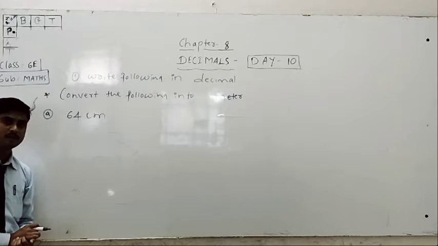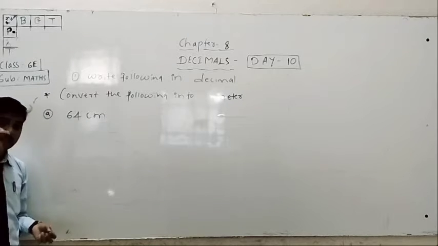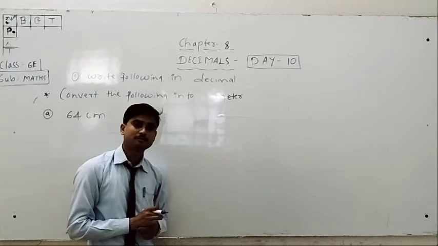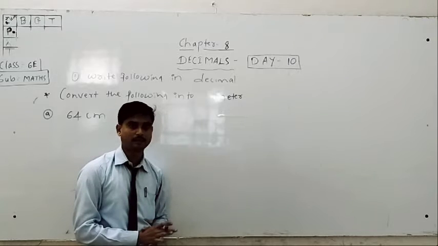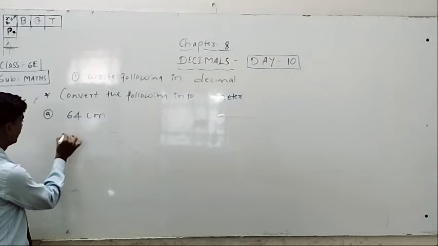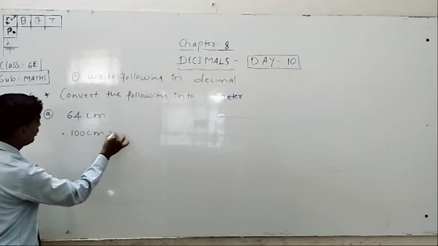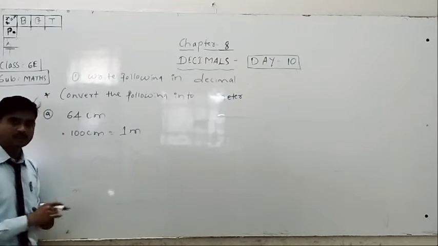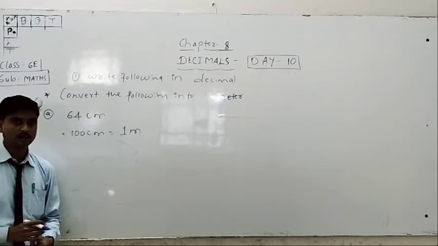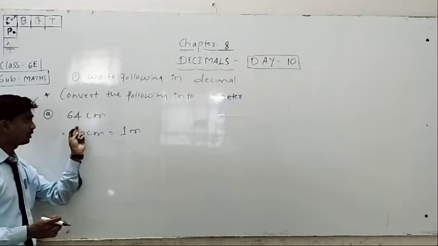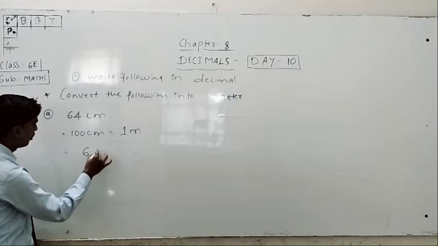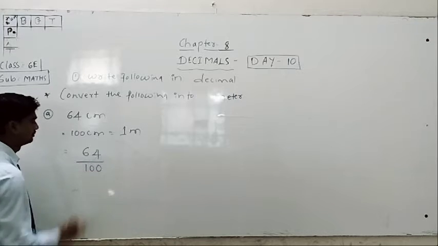How to convert into meter? First of all, you should understand: 1 meter equals how many centimeters? Sir, 100 centimeters. Understood? Then you should write 100 cm equal to 1 meter. Is it right? Then you have to convert 64 centimeter into meter. Then it is 64 divided by 100.